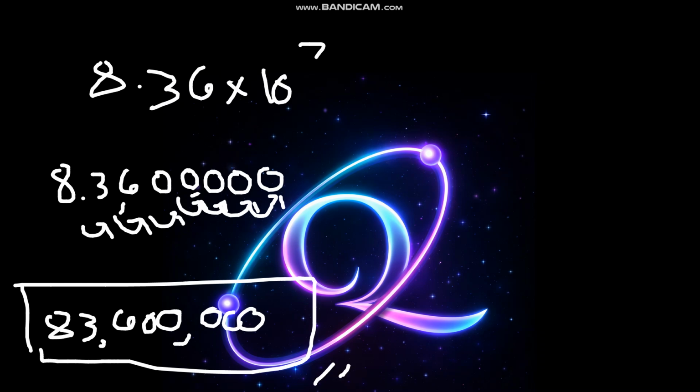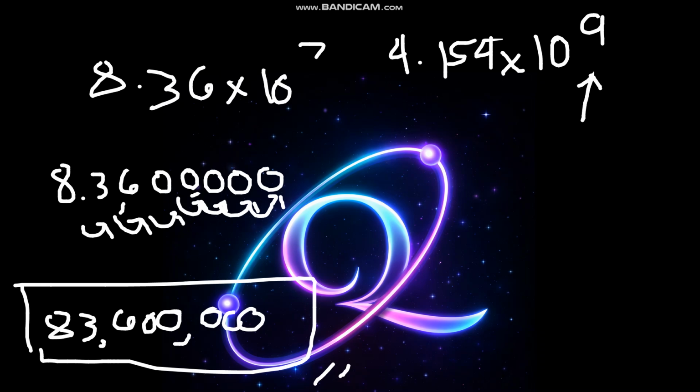Now let's try another problem. What if we have 4.154 times 10 raised to the 9th power? This is large. Times 10 raised to 9 is giga in the metric prefix. So how do we convert this? Let's just write this first. We're going to move to the right 9 times.